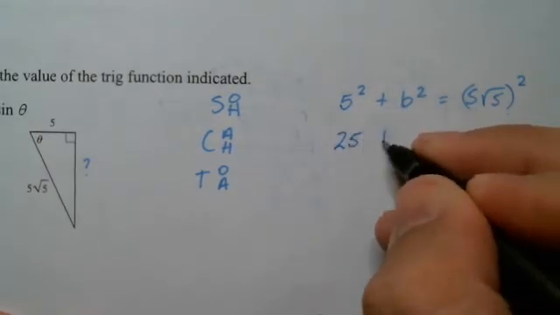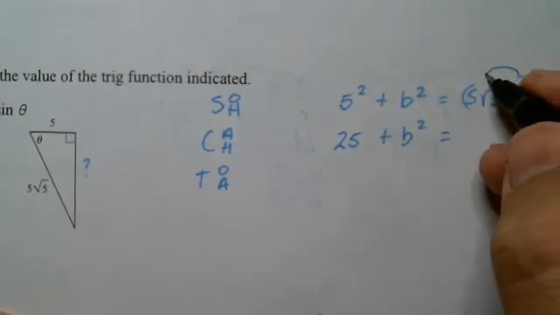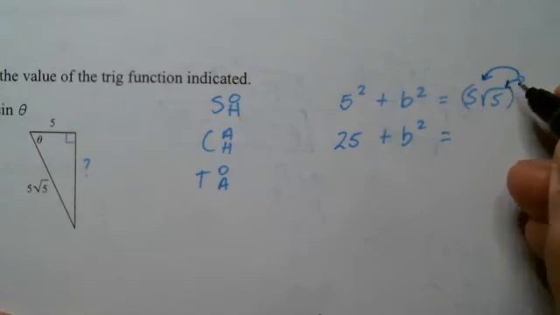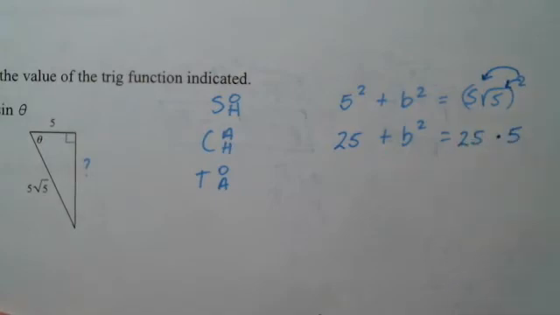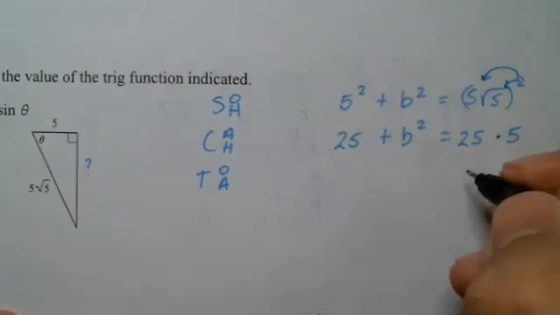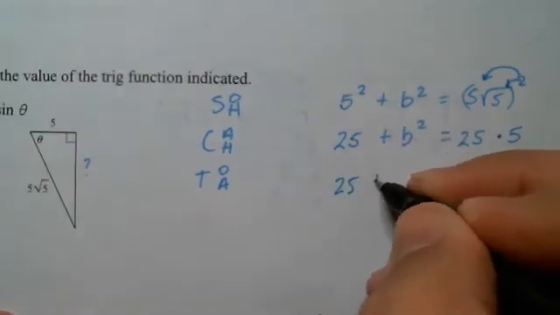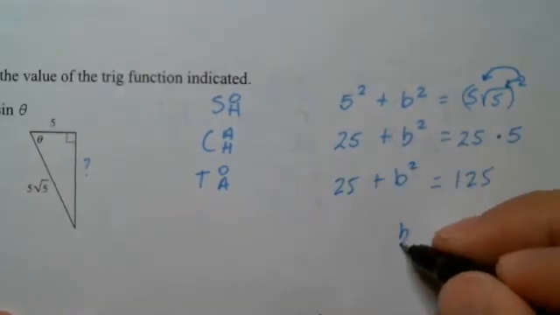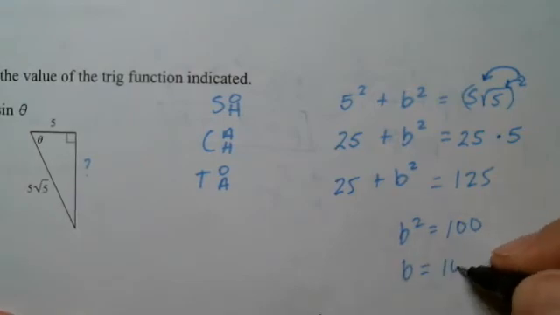That's 25 plus b squared is equal to, remember, attach that to both of them, 25 times 5, which is 125. And then subtract 25 from both sides. We get 100. We find b to be equal to 10.